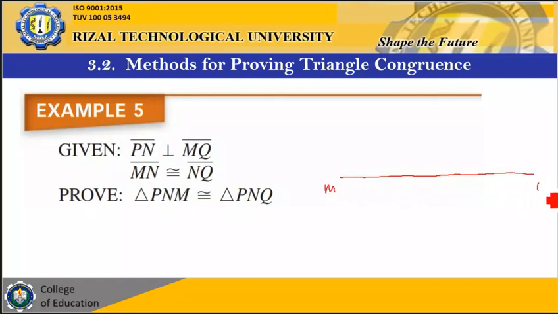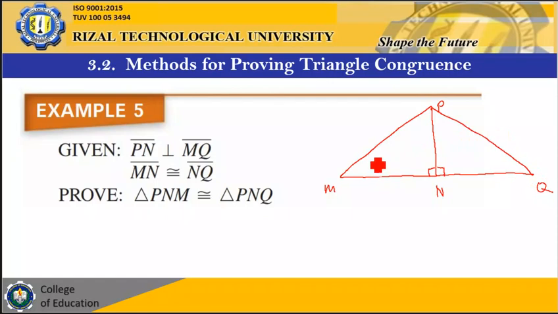This is segment NQ, and according to the given, PN is perpendicular to NQ. So let's draw segment PN here, with the perpendicular symbol. Let's connect point M and point P to form a triangle, as well as point P and point Q.